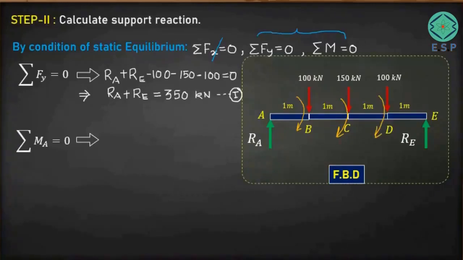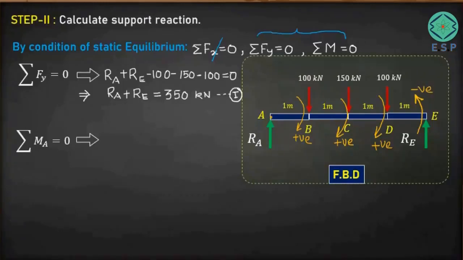So I am going to take all these clockwise moments as positive. Similarly, RE is going to rotate the beam in the anti-clockwise direction, so that is an anti-clockwise moment. All clockwise moments we shall be taking positive, while the moment caused by RE will be negative, and the moment by force RA will be 0 because it is acting at the same point A.